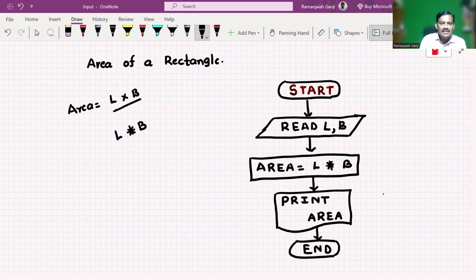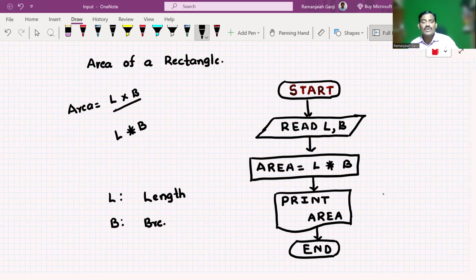Outside, if your flowchart is seen by any other person, they don't know what L and B are. For that, you may write outside: L is length, B is nothing but breadth. Is there any need for writing area?